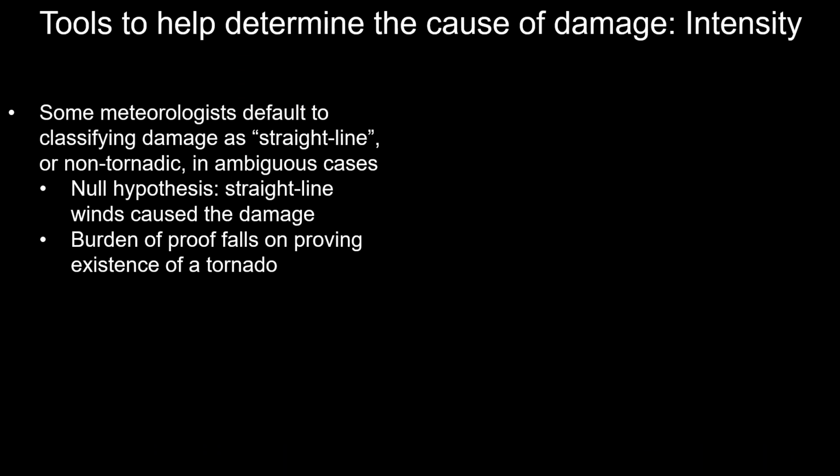So the environment could potentially play some role in helping determine what caused the damage, depending on exactly what intensity of damage and what the pattern of damage is that you're looking at.